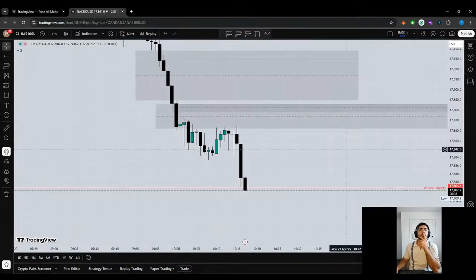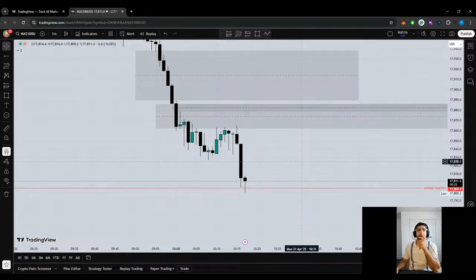We're currently at 2.83% down on the day, 515 points. Took the low. And now we see.